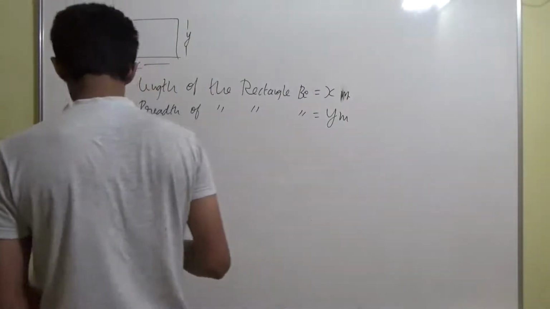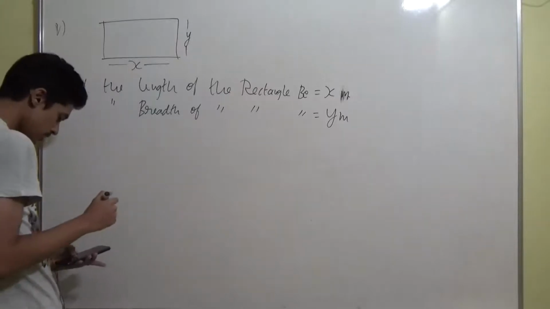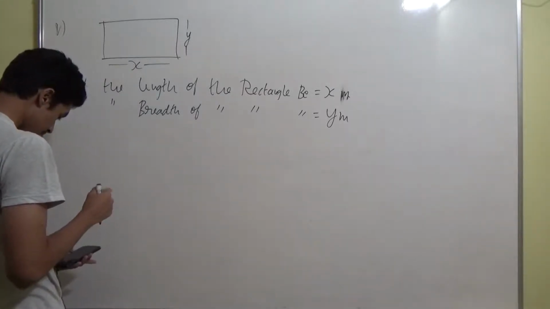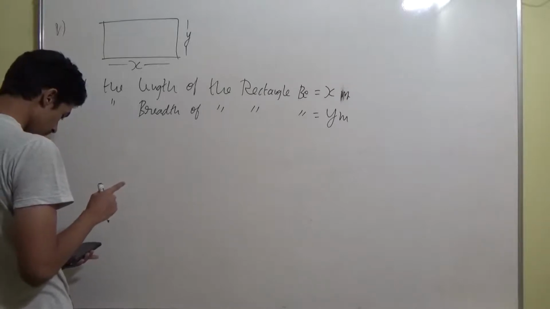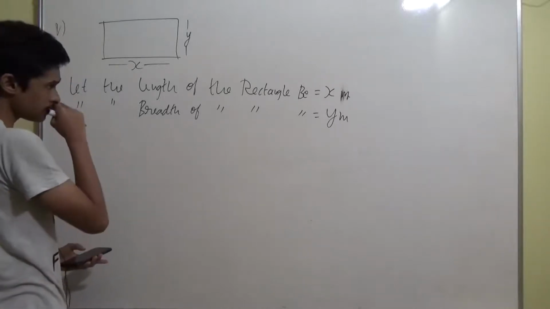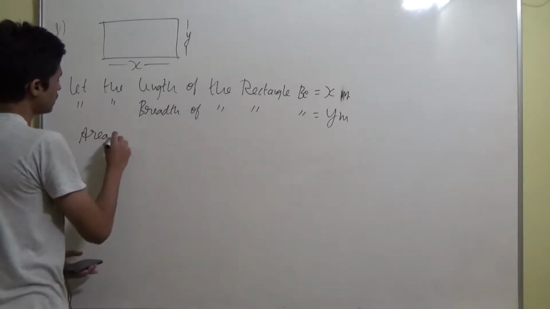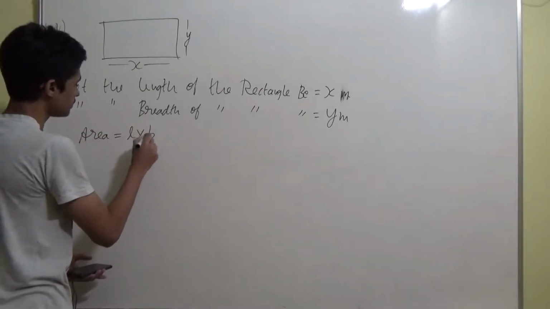Correct? Now let's start formulating the equations to get the answer. They are telling it gets reduced by 9 units if the length is reduced by. Okay, first of all, what is the area of a rectangle, guys? Area of a rectangle is equal to length into breadth. Correct?